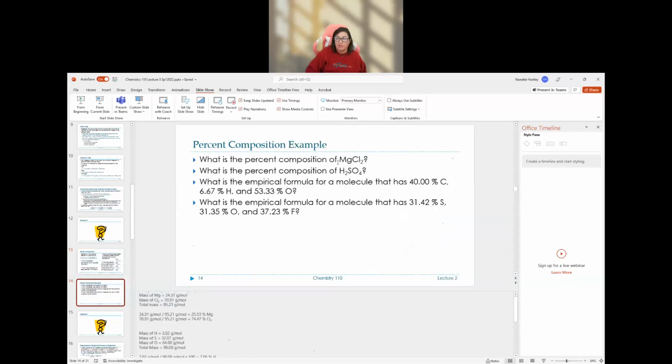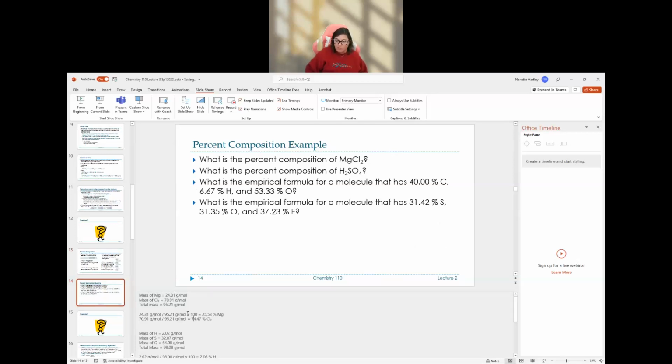What is the percent composition of MgCl2? That's our first one. The mass of magnesium is 24.31 grams per mole. The mass of Cl2 is 70.91 grams per mole. Total mass is 95.21 grams per mole. We take the 24.31 grams per mole of magnesium, divide that by the 95.21 grams per mole for the total, and multiply that by 100.